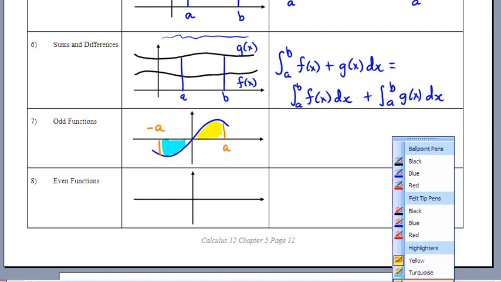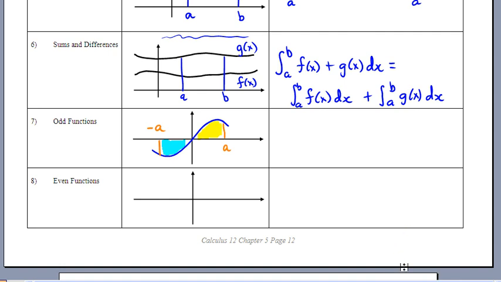If you're ever integrating an odd function from negative a to a, only for odd functions, and you know for a fact that that f of x is odd, then the answer is 0. Those two areas are going to cancel out.